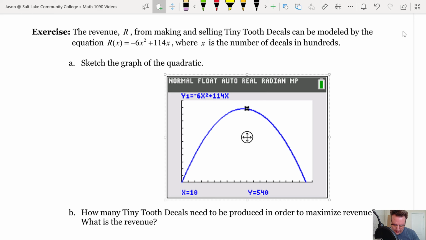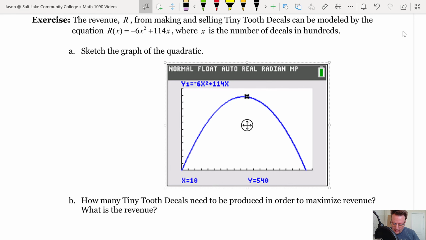Part B. How many tiny tooth decals need to be produced in order to maximize revenue? And what is the revenue? Okay, so here what we want to do is get the vertex point.